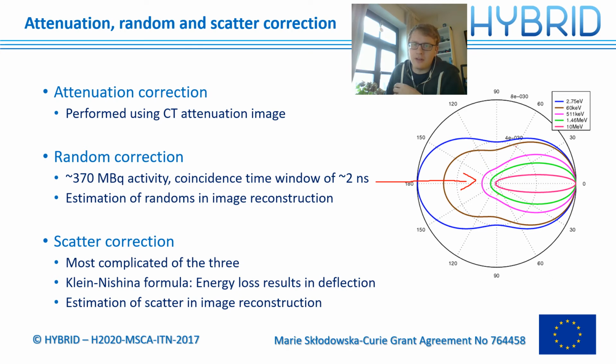This is for energy 511 keV, which is the mass of an electron. The electron and the positron both have a mass of 511 keV, and after the annihilation, each of our gamma particles has an energy of 511 keV. So we can see that mostly, if there's an annihilation, it's rather straightforward, but it can also be slightly deviated. I won't go into detail in this regard, but it is a common formula, and it has to be corrected.